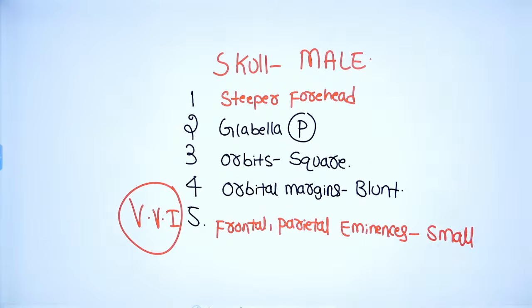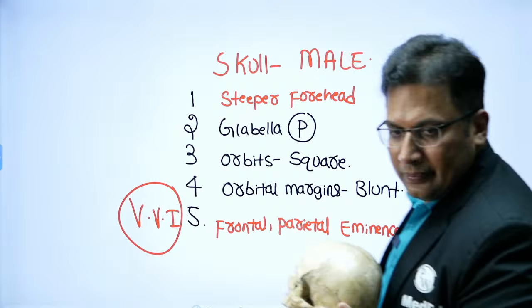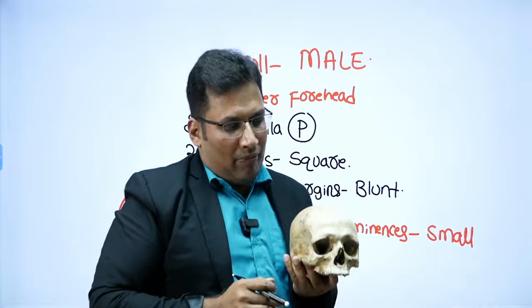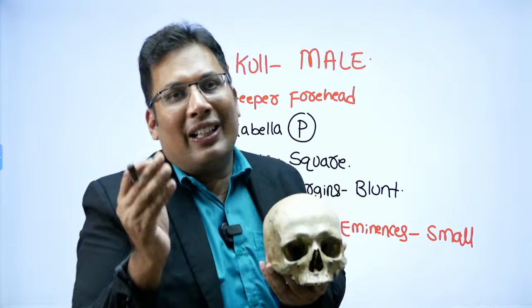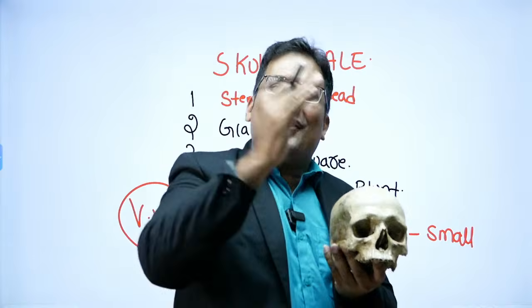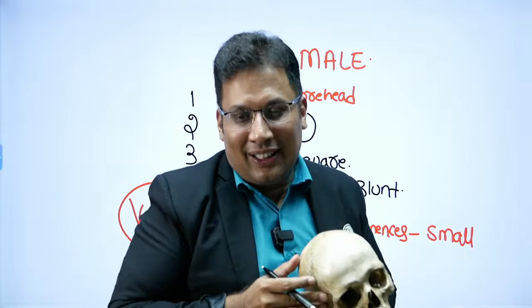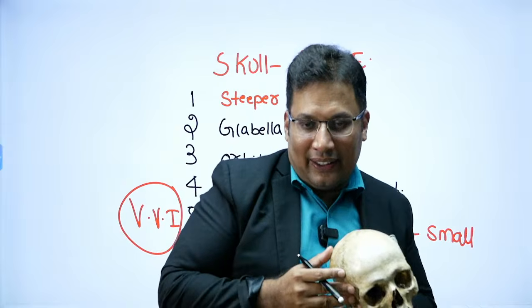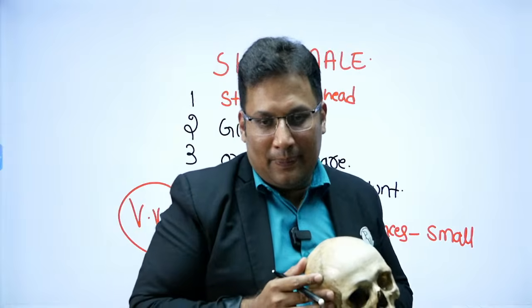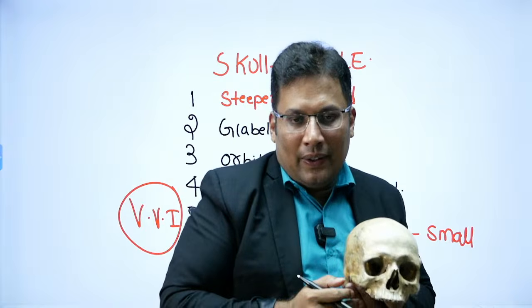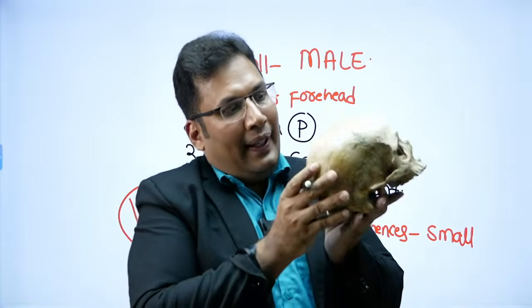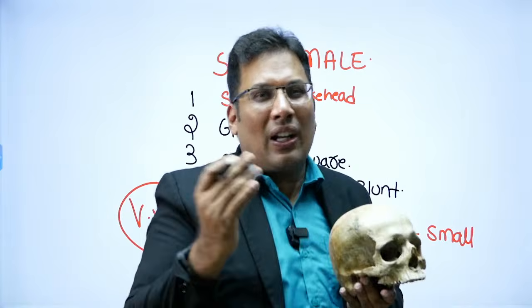You can see here the frontal eminences and parietal eminences are very small in the male. The rest are all very prominent. The palate is ovoid, that's okay. Any other feature here? The rest I think you can make out.